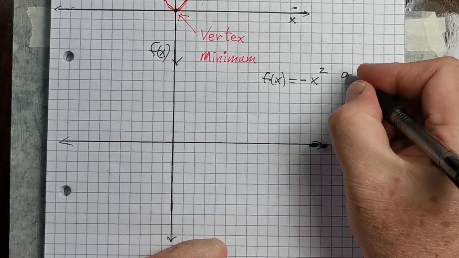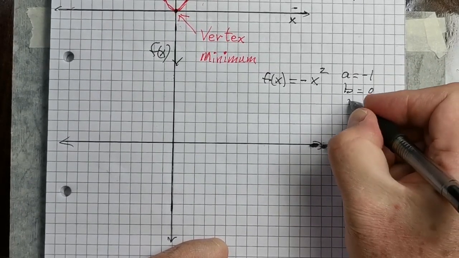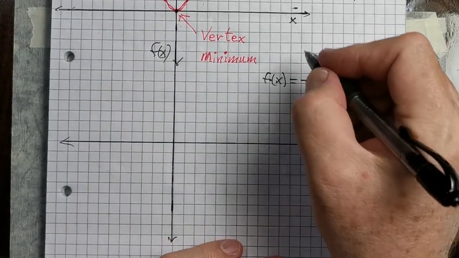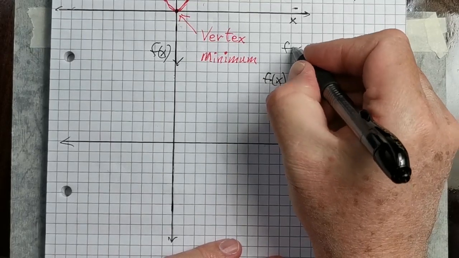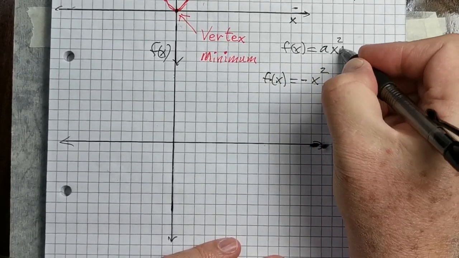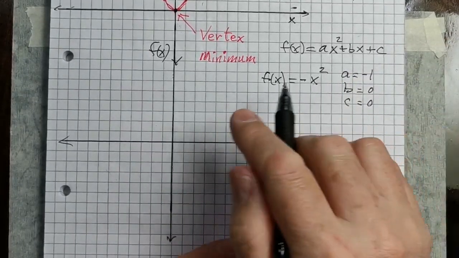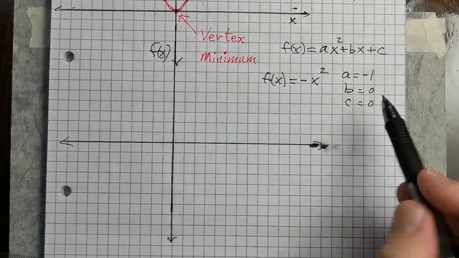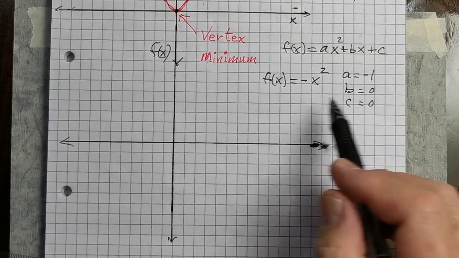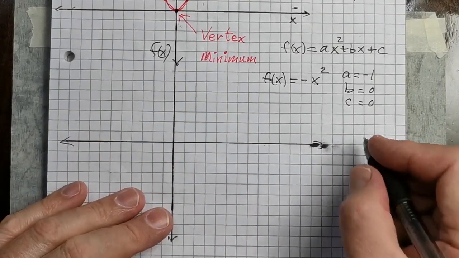So notice a equals -1, b equals 0, and c also equals 0. And I'm talking about here our standard form of f of x equals ax squared plus bx plus c. In this case, a is -1, b is 0, c is 0. And we have f of x equals minus x squared. So let's graph this one.